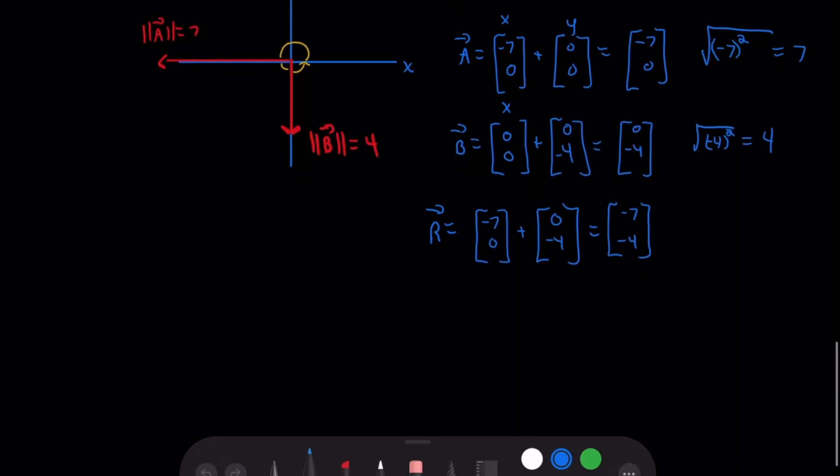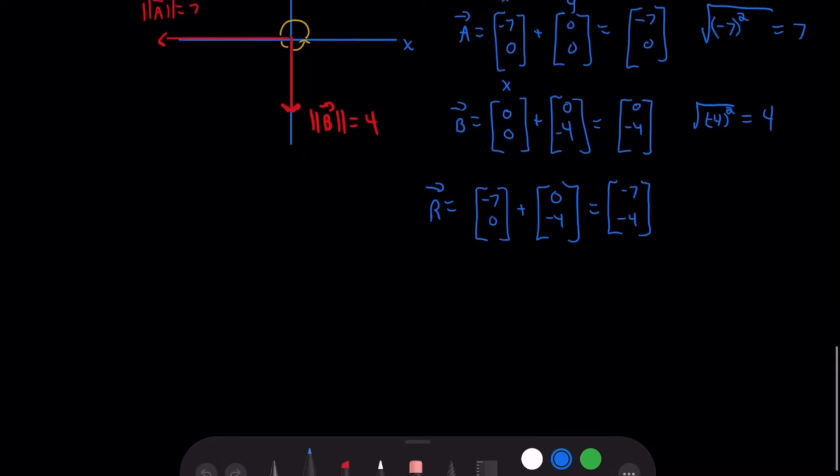Okay, so we've got that. Now let's say we want to find the magnitude of r. What we will do is, just like before, just to be more explicit here, it would be like if you had 0 squared in there, which would just be 0.